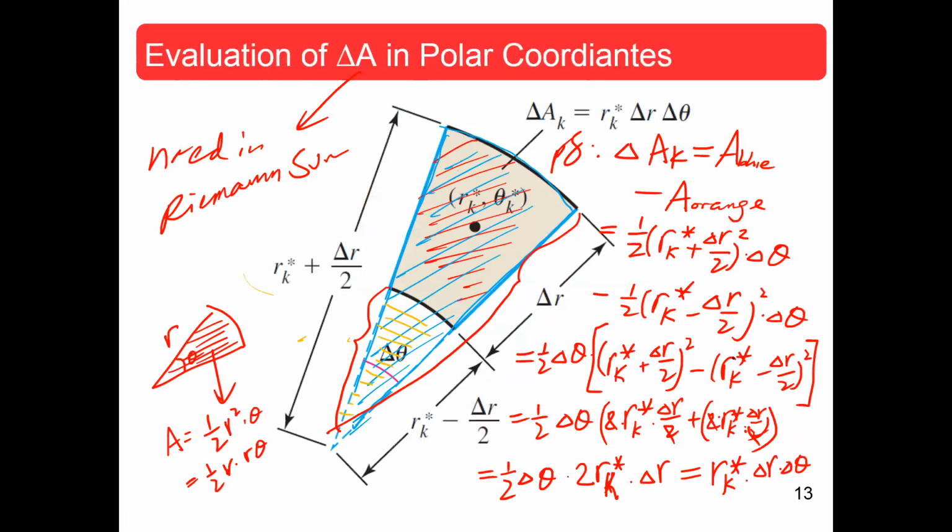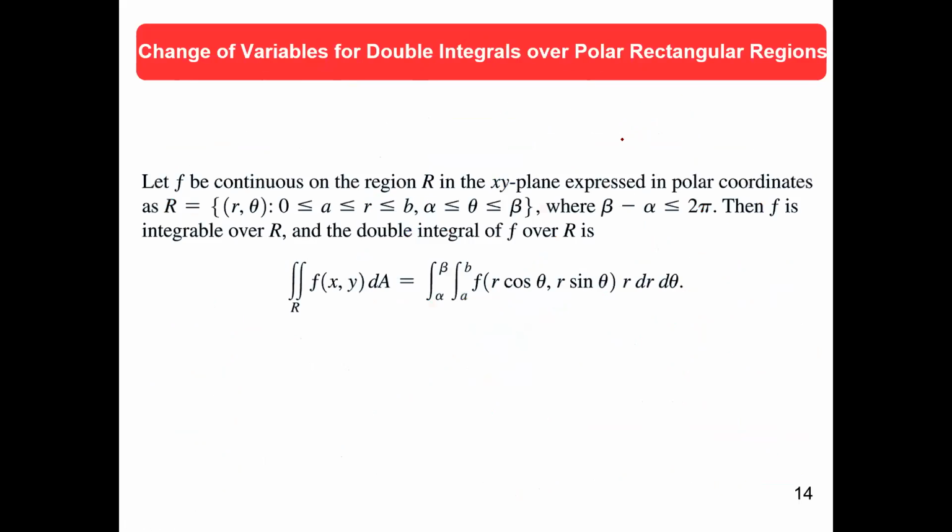Is that good? Yes. This requires a little bit of algebra work, applying the area of a circular sector twice and finding the difference. But anyway, what we have got is that delta A_k would be R_k star times delta R times delta theta.